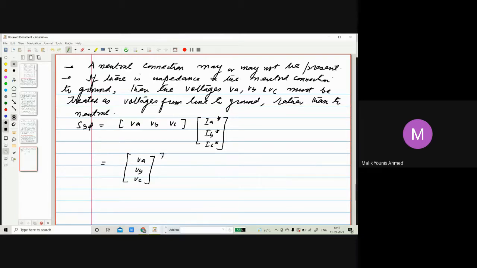The row will become a column, and here we take the transpose of this column, which becomes a row. This is simple mathematics. So this will be as usual: IA conjugate, IB conjugate, and IC conjugate.